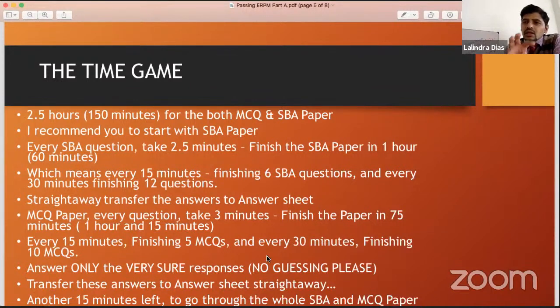So now, when you get these single best answer questions, guys, there's a technique which I used as a medical student in our postgraduate exams, the MD exam. I used this in my MBBS exam. I used this in my MD exam. I used this in my MRCP exams, MRCP UK, MRCP London. All that we have used these techniques, right?